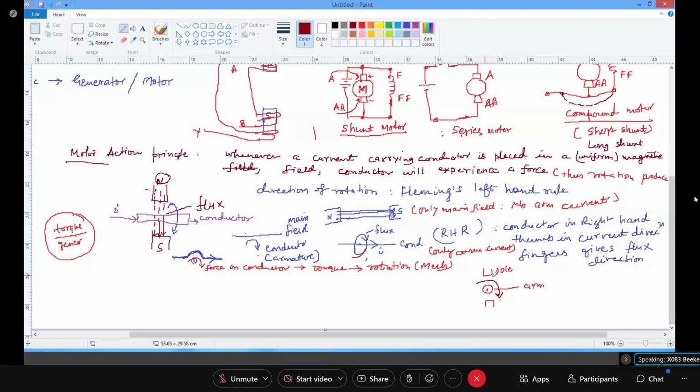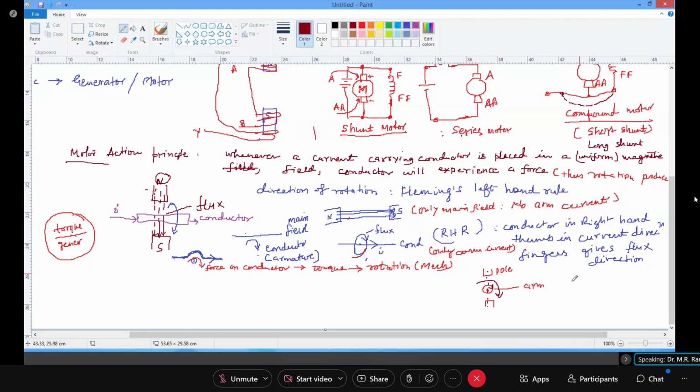See, the pole is there, the field is passing through that. Current is passing through the conductor. It started rotating. Clear? Current is passing through this conductor, the armature. This is the main pole flux, and it is rotating now.